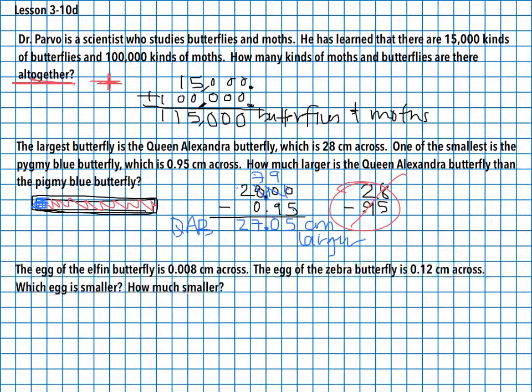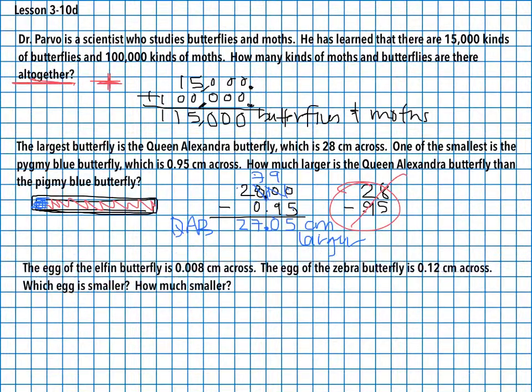And the final one is the egg of the elfin butterfly is 8,000 centimeters across, and the egg of the zebra butterfly is 1,200 centimeters across. Which egg is smaller? So the first thing we'll do is we're going to compare. We have this one, which is 0.008 centimeters, and then we have 0.12 centimeters.